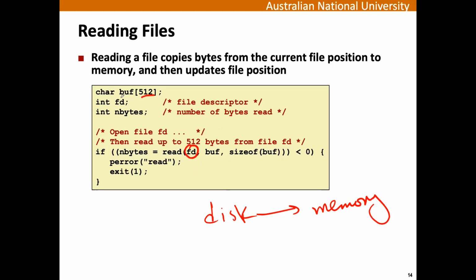And you know at this point that when you create a buffer like this, a buffer is just for holding some data that is returned by the kernel. This character array is in memory.